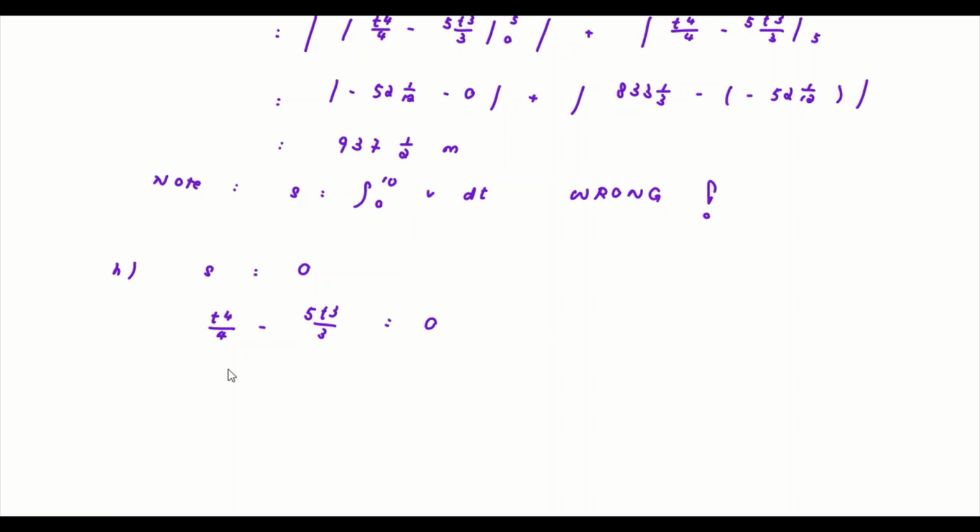We can just multiply by 12, so 3t^4 minus 20t^3 equals 0. Then I take out t^3, so I have t minus 20 over 3. From here, I get t equals 0 and also 20 over 3, so 6 and 2 over 3 seconds. So for this part, it is just like that.